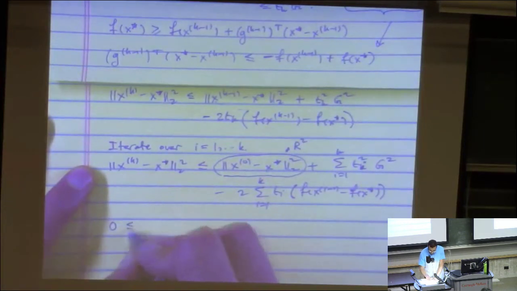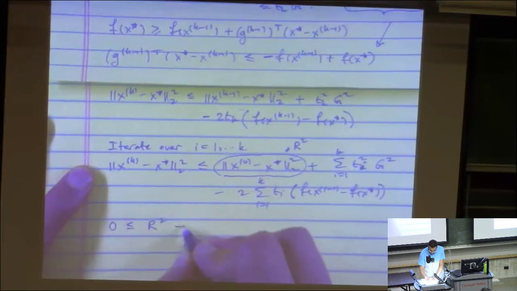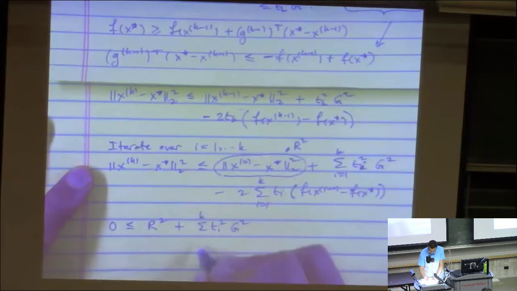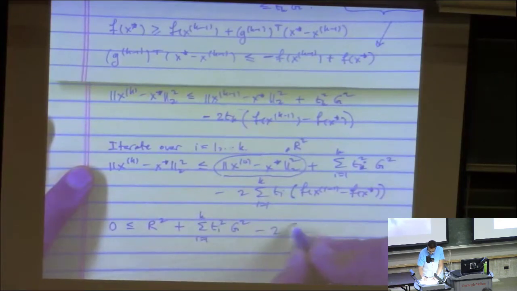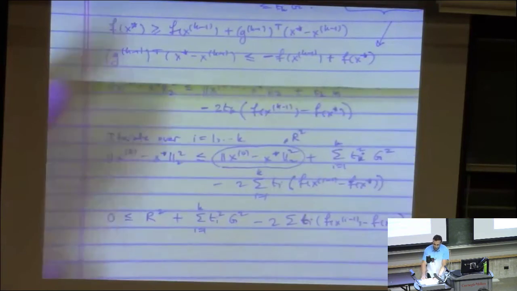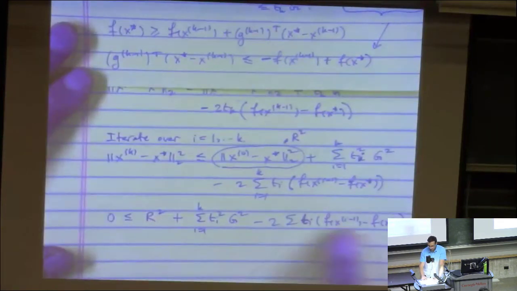Right, so just to summarize, this is what the bound looks like. And the game is, of course, at the end to be able to say something about the gap between the best criterion value visited so far and the optimal criterion value.